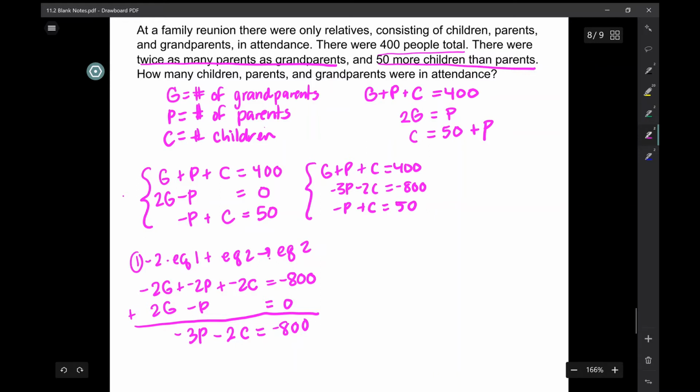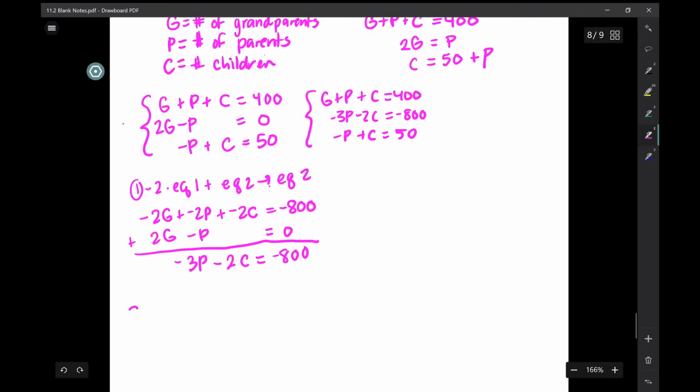Now we just need to get rid of that minus P in the third equation. What's the easiest way to do this? We'll do minus 3 times equation 3, add it to equation 2, and replace equation 3 with that. Equation 2 stays the same: minus 3P minus 2C equals minus 800.